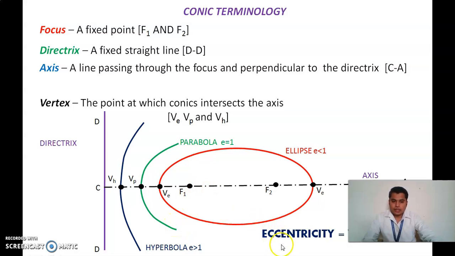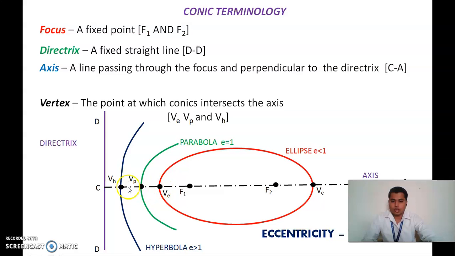Now one more thing that is given here, the eccentricity. Eccentricity is nothing but the ratio of the distance of the vertex from the focus to the distance of the vertex from the directrix. Suppose for the ellipse, the distance of the vertex from the focus is VF or VE F1, to the distance of the vertex from the directrix, that is VC.